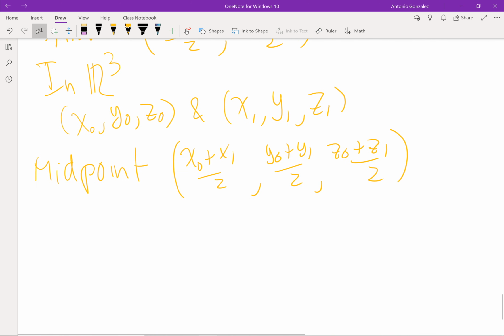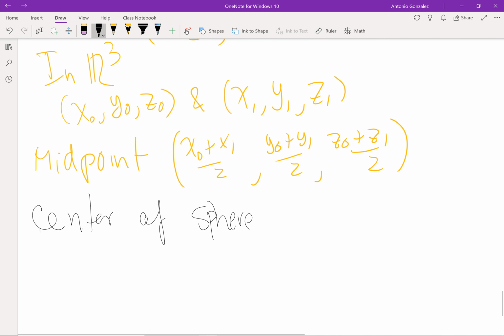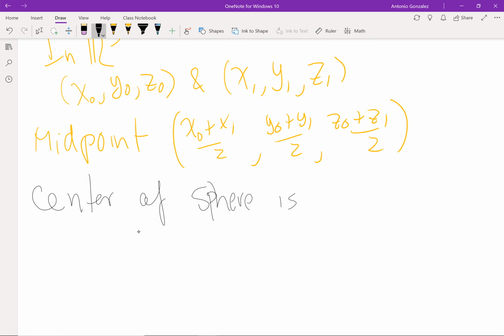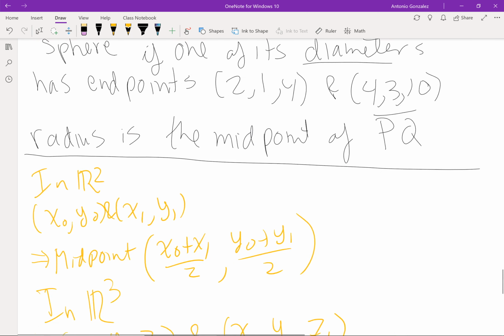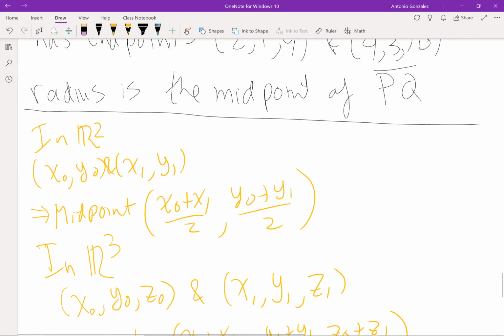So here, the center of the sphere is the midpoint of (2, 1, 4) and (4, 3, 10).